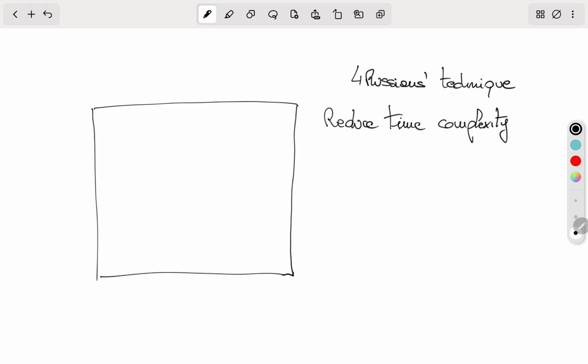So, what is the main idea? What I've shown here is the standard dynamic programming matrix that we all know how to build. I am going to divide this matrix into smaller submatrices.